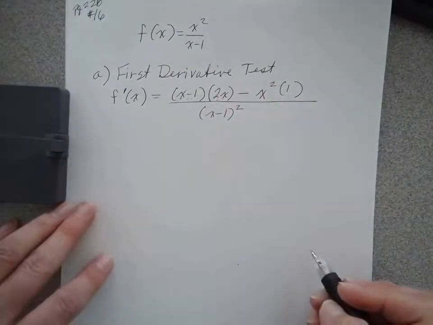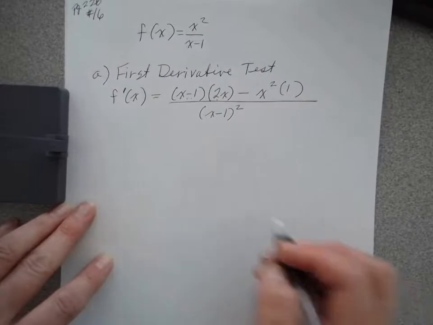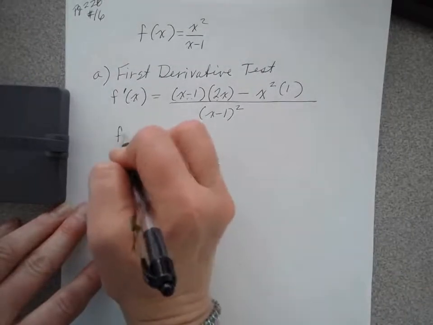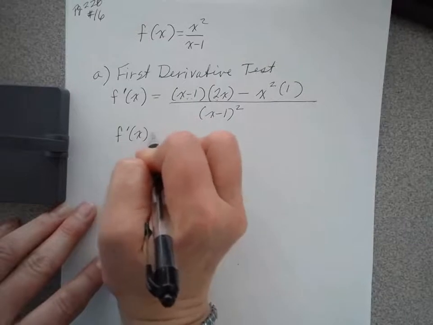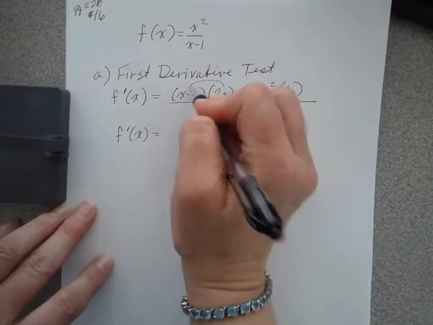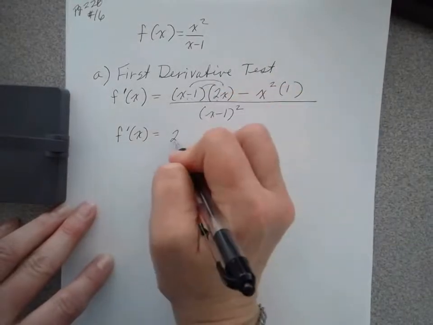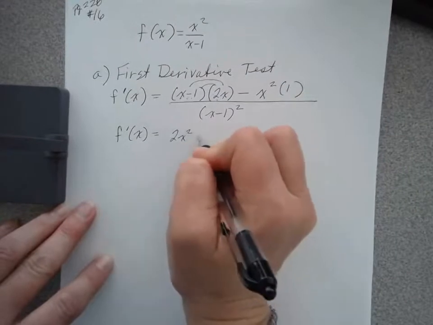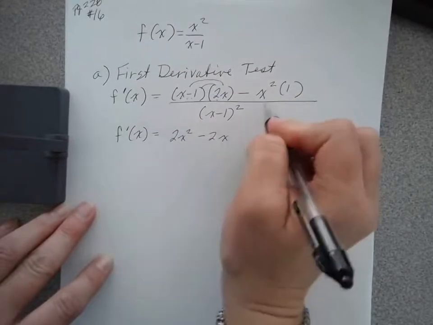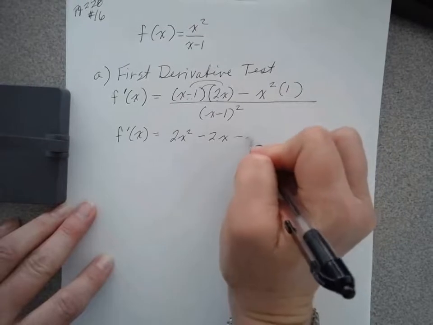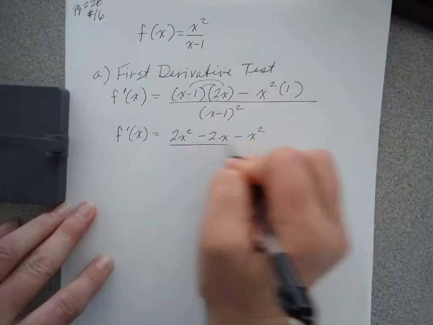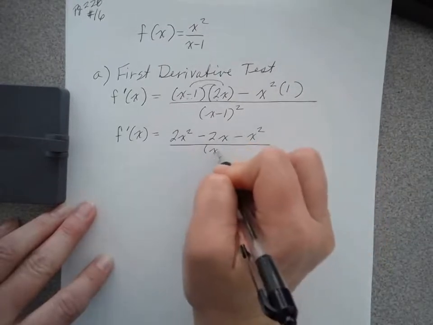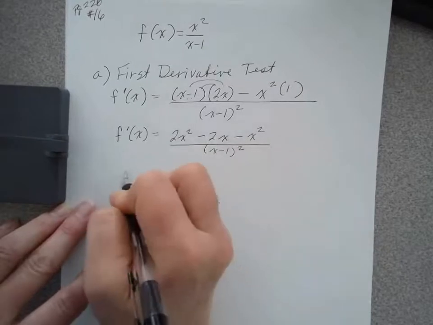Okay, so the first derivative then is going to be, we're going to distribute this 2x through, so we get 2x squared minus 2x, and then minus x squared, all over x minus 1 squared.